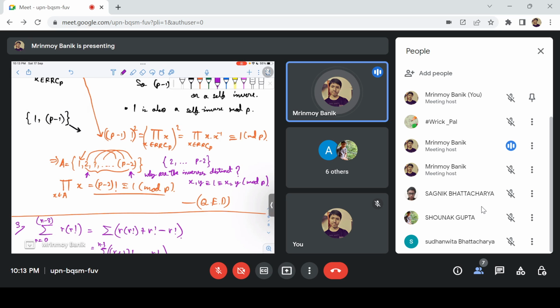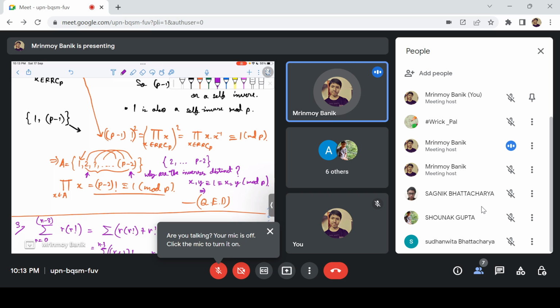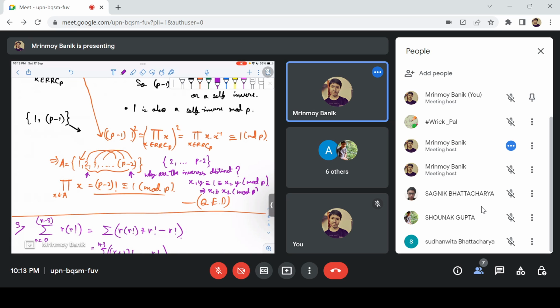Then of course we can divide both sides by y, and since y and p have GCD 1, x1 is forced to be congruent to x2 mod p. This is a contradiction, since we assumed there are two distinct residues x1 and x2 less than p that have the same inverse mod p.